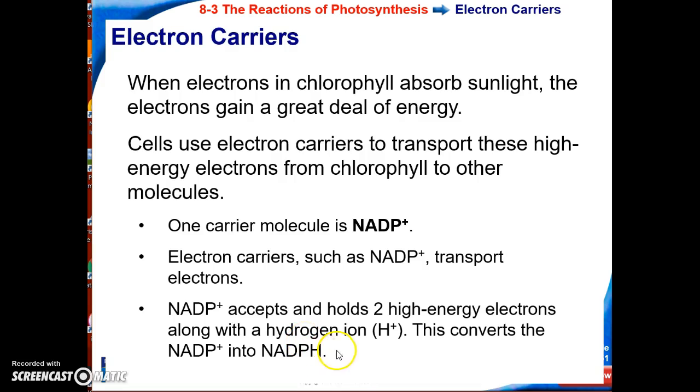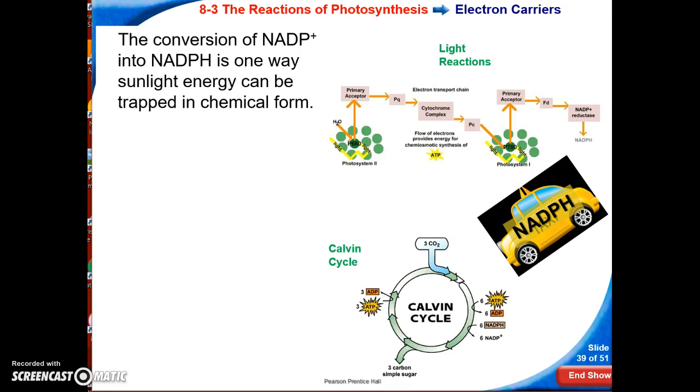And then the hydrogen proton is also missing an electron, so the second electron is added onto this hydrogen. So now this NADPH electron carrier is going to carry two electrons to the Calvin cycle. So this is one way that sunlight energy can be trapped in a chemical form.